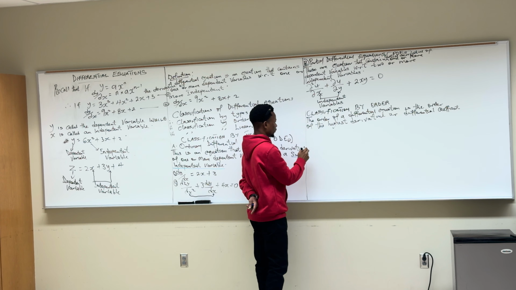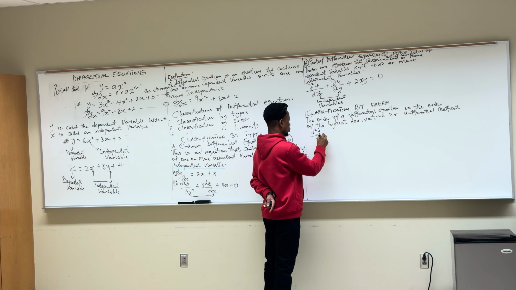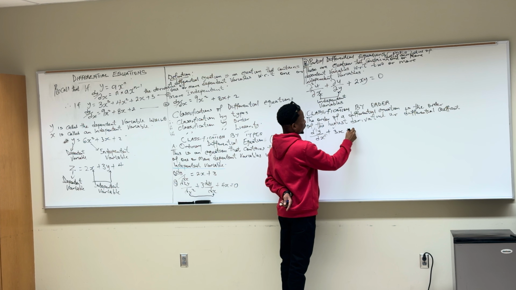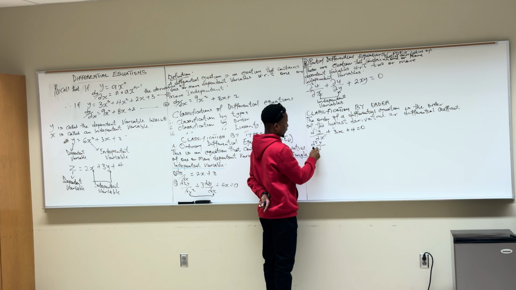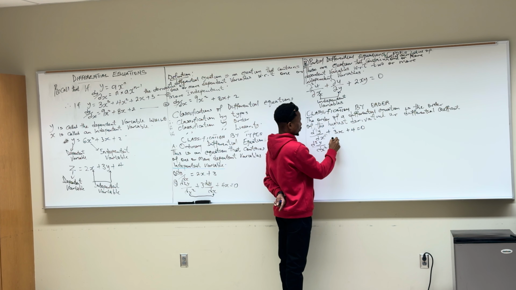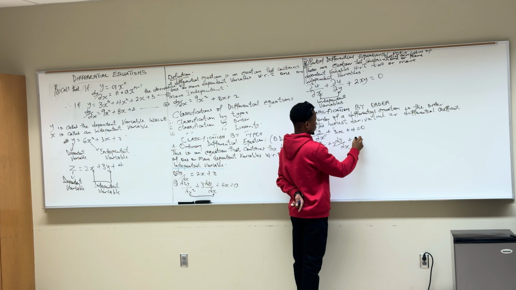So for example, if you have dy/dx plus 3x plus 4 equals 0. And also, let's say we have d²y/dx² plus dy/dx plus 3x equals 0.